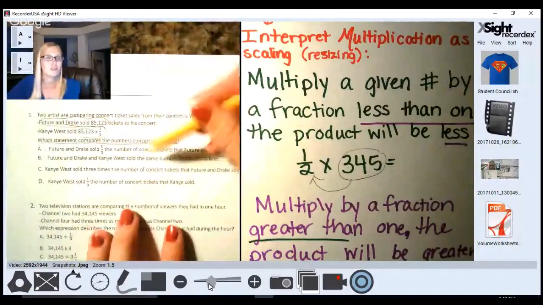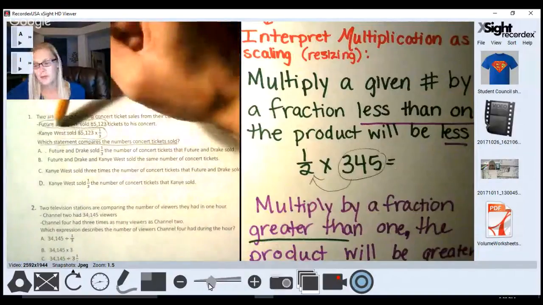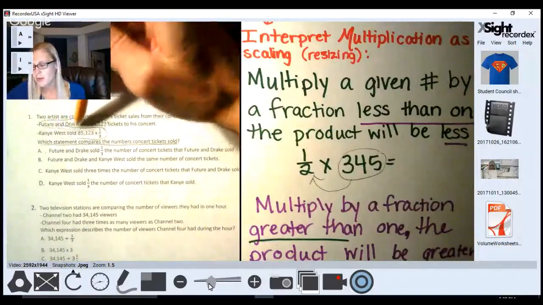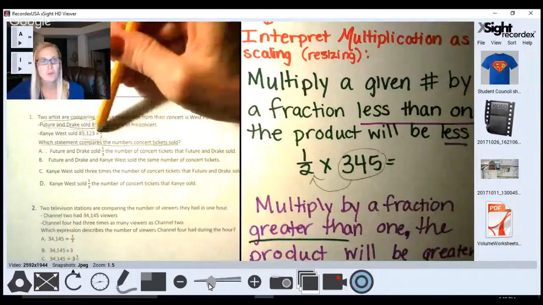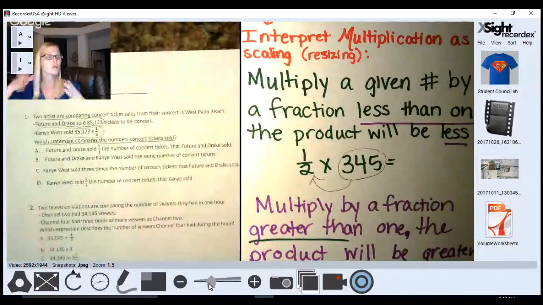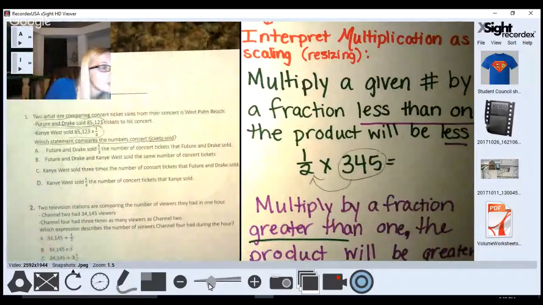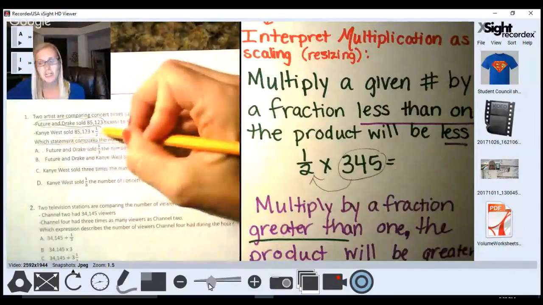So before I even look at my answer choices, I want you to look back at your rules over to the right side of your screen, where I have Kanye West, I have the amount that was sold by Future and Drake, and I'm multiplying that by 1/3. So am I multiplying that by a fraction greater than 1 or by a fraction less than 1? In this instance, you know that I'm multiplying it by a fraction less than 1.